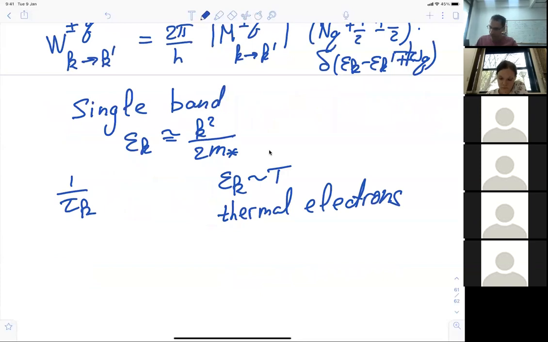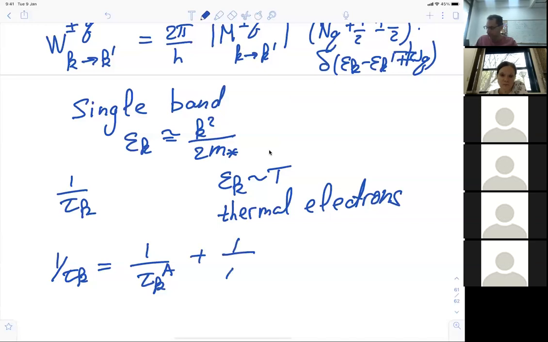So 1 over tau k from the expression above is the rate of scattering with absorption of a phonon plus the rate of scattering with emission of phonons.